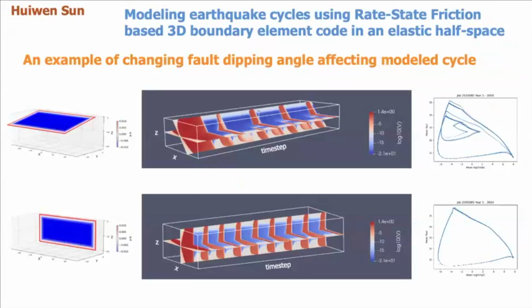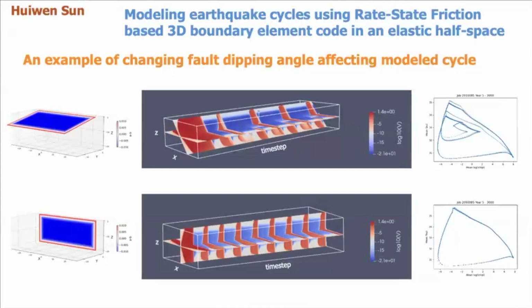I've been running rate-state friction based 3D earthquake cycle models in an elastic half space. Here I'm showing you this really simple case where I have an arbitrary fault and I'm keeping the frictional properties the same, but I'm changing the dipping angle of the fault. The first row shows a 10-degree dipping fault, and the second row is a vertical fault.